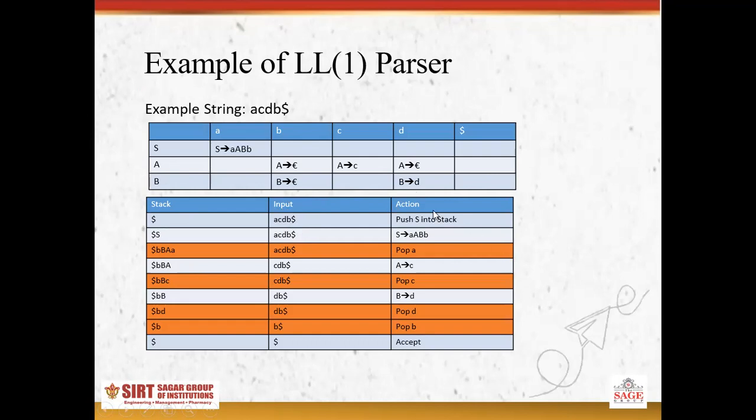And the third part is the action part. What is the action to perform? In the stack part, the stack holds dollar, which shows the stack is empty. Input is already given, acdb dollar. The action is to push S into the stack.